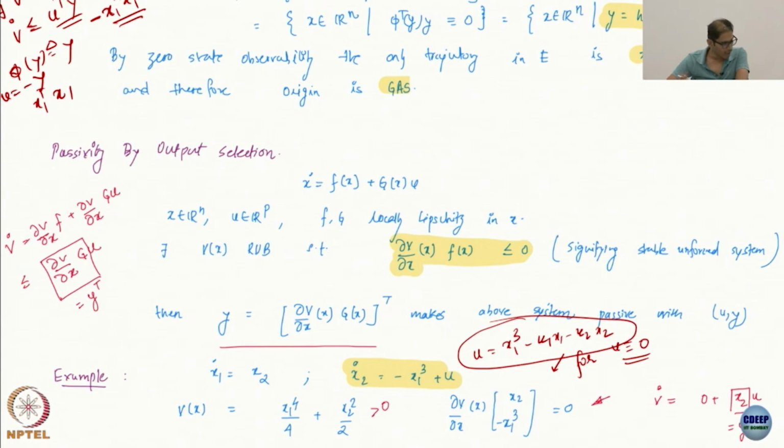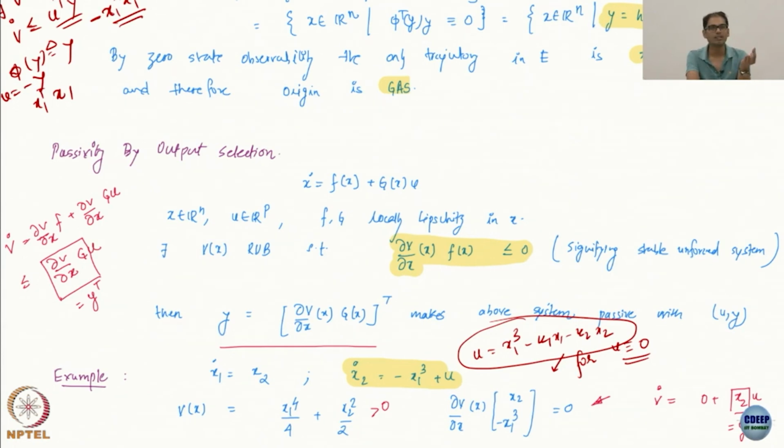Now, I already said that it looks like we made up these assumptions so that things go through, and it is true to some extent, but there are ways to make sure that these assumptions are getting satisfied. One of the methods is passivity by output selection. In a lot of systems that we are designing controllers for, there may not be real outputs.